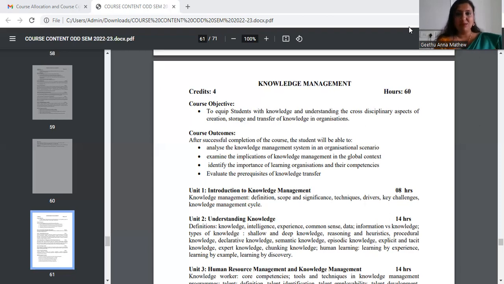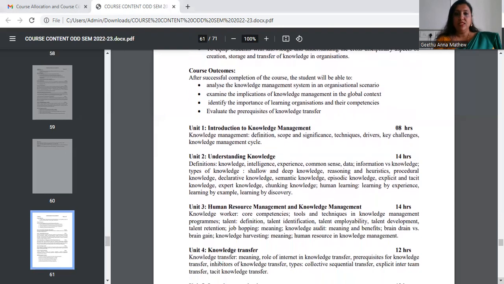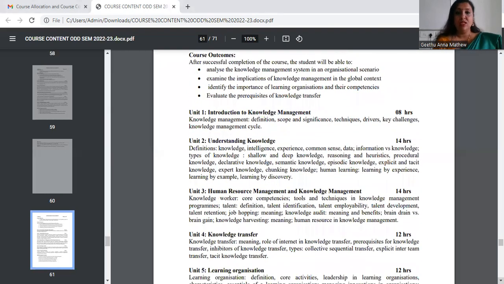Our knowledge management subject is spread across 5 modules. We start with the first unit, which deals with introduction to knowledge management. Once you finish this course, these are the 4 basic course outcomes: analyze the knowledge management system in an organizational scenario, examine the implication of knowledge management in a global context, identify the significance of learning organizations and their competencies, and evaluate the prerequisites of knowledge transfer.